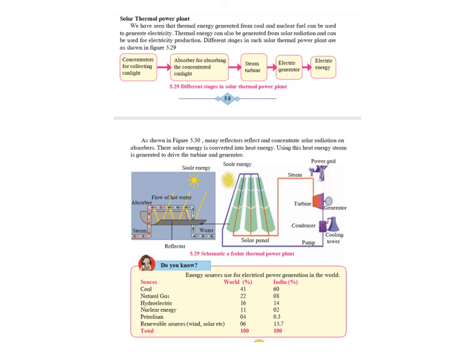You can see the schematic diagram and also the different stages in a solar thermal power station. How does it work? Concentrators collect the sunlight, then the absorber absorbs the concentrated sunlight, then steam turbines, then the electrical generator, and electric energy is generated. Thank you.